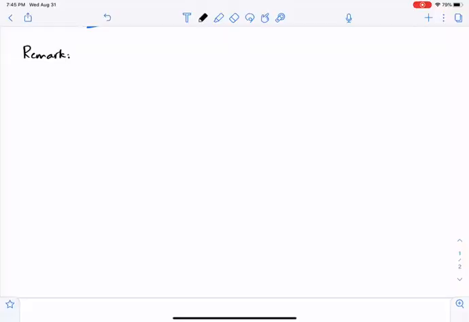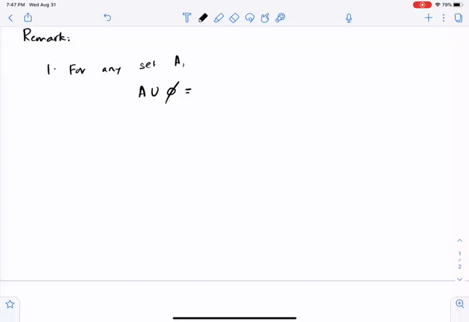The first point that I would like to write is, for any set A, A union empty set would equal A. Why? The reasoning.